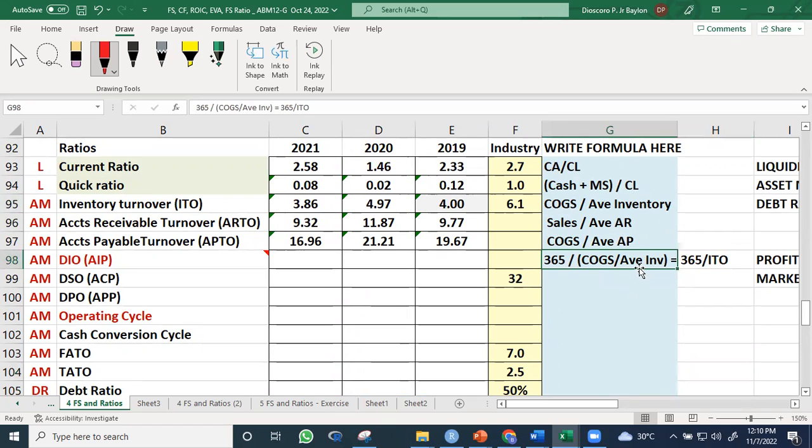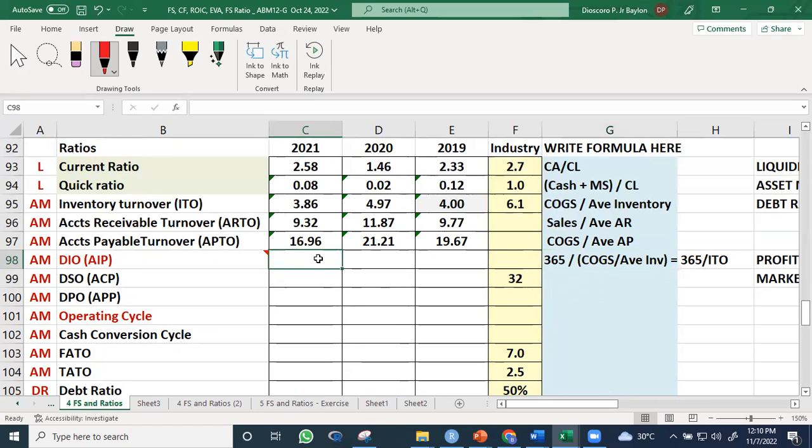So syempre, iba-iba yan. Baka in company, sabihin natin, excluding the holidays, baka 350 na lang. So it depends. Let's just assume that every day may work. So 365 divided by the ITO, or that can be written as 365 times average inventory divided by cost of goods sold. Wag kayo malilito kasi minsan makakita kayo ng ganung formula, but it's the same.